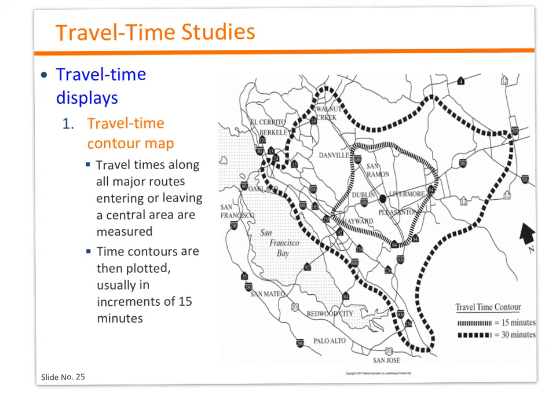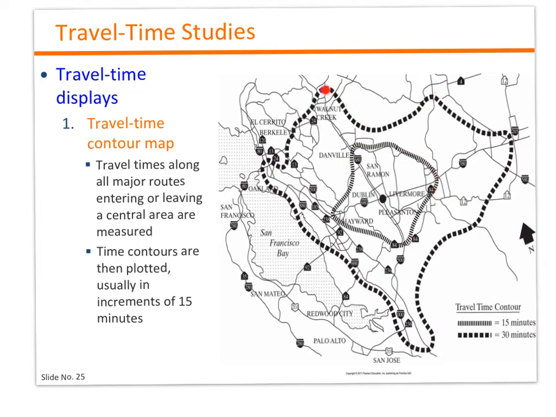Then we come up with time contours that we can plot, with a usual increment of 15 minutes. Here we have the first contour line, which is 15 minutes, this one here. What does that mean? If you travel anywhere within this area from one point to another, you will have roughly a travel time equal to 15 minutes.